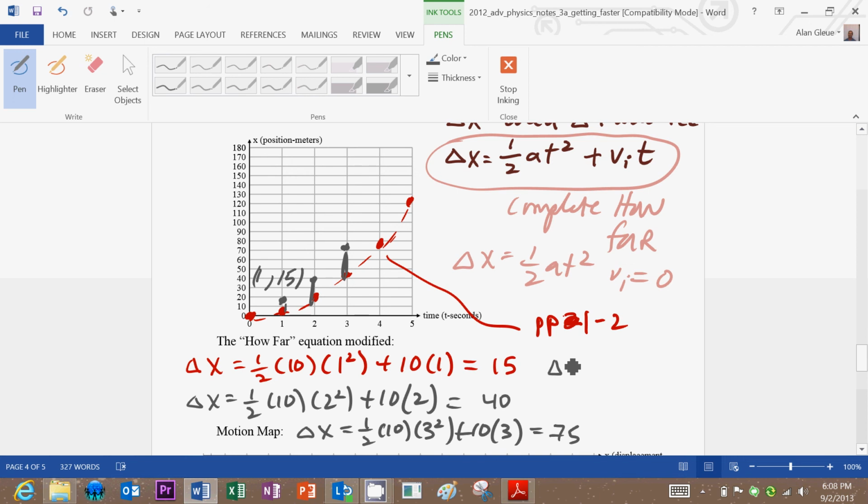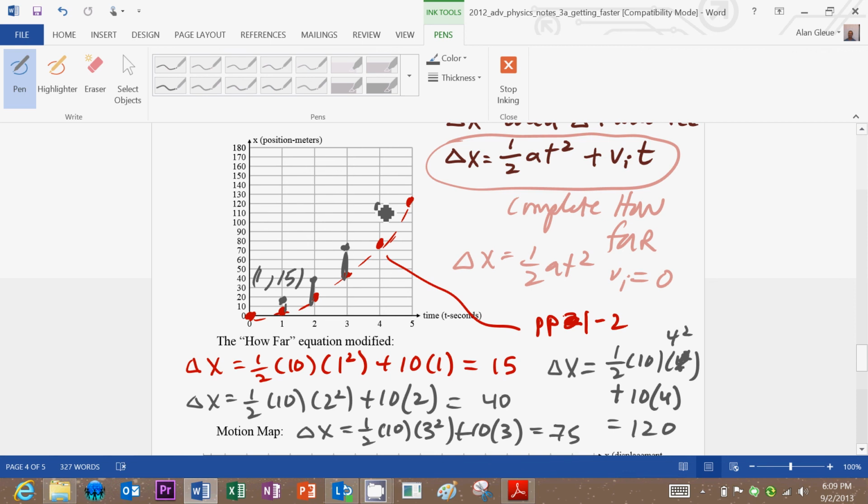Let's do it for 4 seconds. We'll have 1/2 times 10 times 4 squared plus 10 times 4. That's going to be equal to 120.